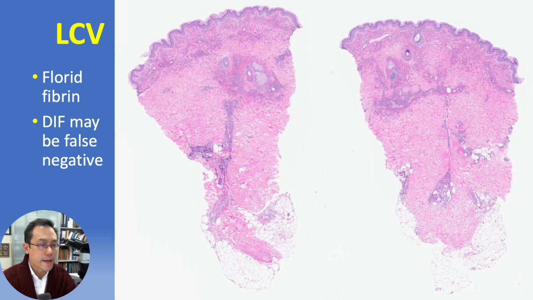While it seems that the vast majority of LCV is immune complex mediated, one of the potential pitfalls is related to the fact that the immune complex formation is relatively acute and transient, so the standard teaching is to biopsy the earliest possible lesion, ideally less than 24 hours old. But of course, in practice, that's not always possible. So one of the pitfalls is that with fully developed or somewhat well-established lesions of LCV, the direct immunofluorescence is sometimes negative, so it's essentially a false negative result.